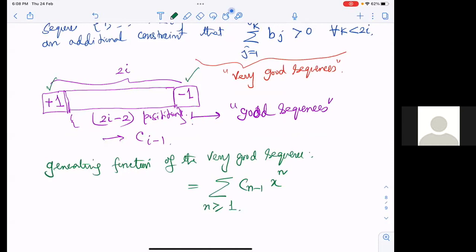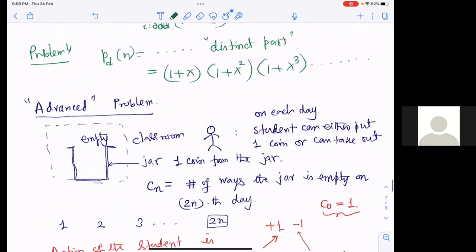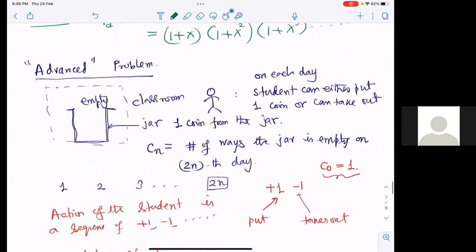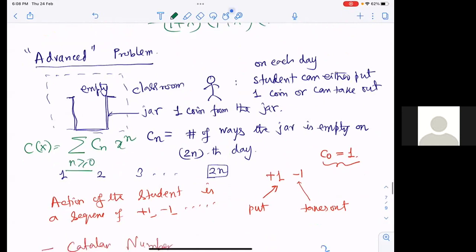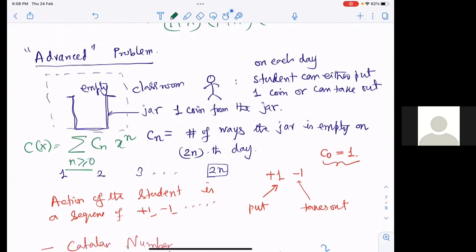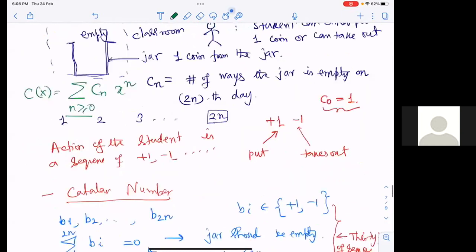But by the definition, our target generating function is Cx, that is the summation of Cn x power n.